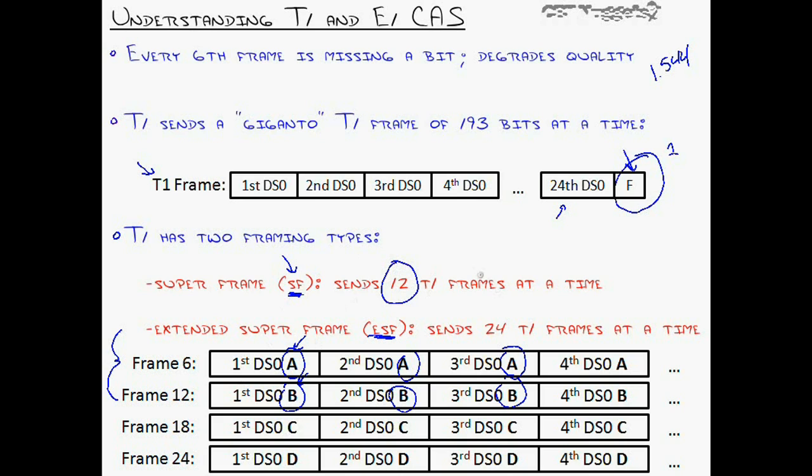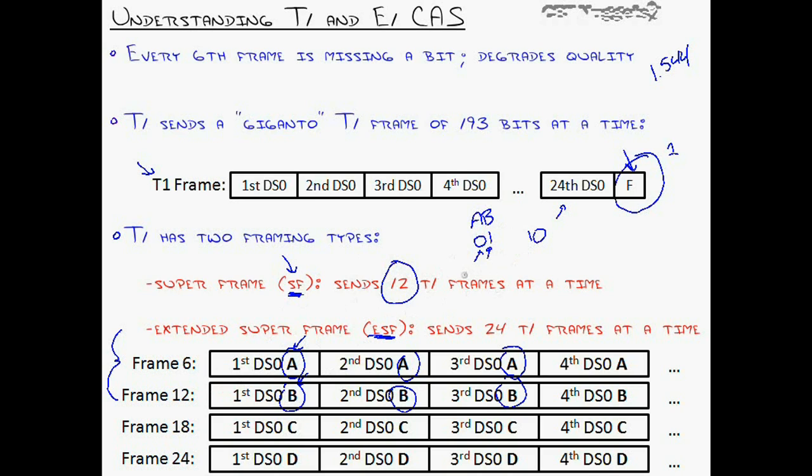So your signaling is what's known as A and B bits. So for example, my signaling for the first DS0 for the 6th frame might be 0, 1, and that would be for the 6th and 12th frame. 0 is my 6th, 1 is my 12th, because you get 1 bit. And then maybe for the 18th and 24th frame, I'd have a 1, 0.